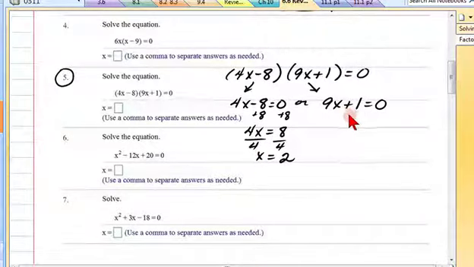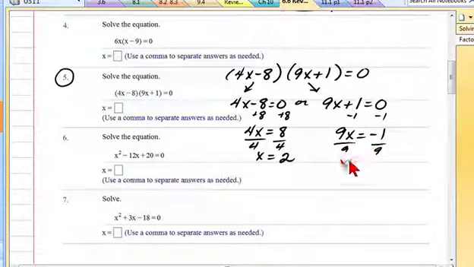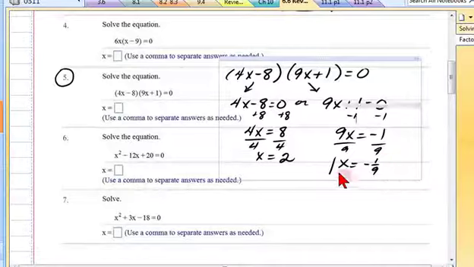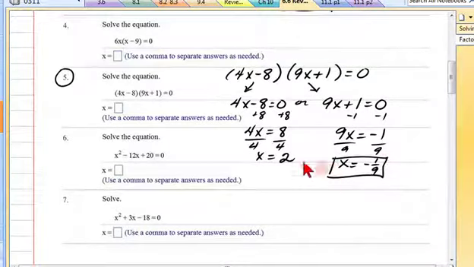But the other problem, I'll subtract 1, and I get 9x is equal to negative 1, divide by 9, and x is equal to the fraction negative 1/9. So sometimes we will get fractional values, sometimes there's a little bit of work to solving the equations.